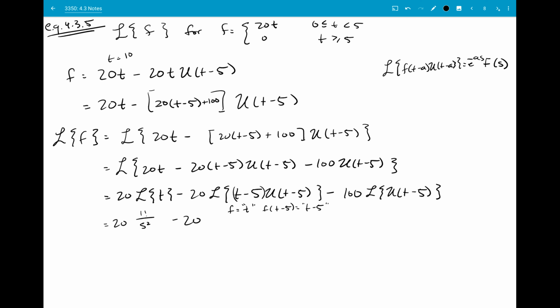I should move this down because I'm going to be writing a lot. And my a is 5 because I see it inside of my u of t minus 5. So that means I'm going to have e to the minus 5s capital F of s, where f is t. So again, my F is just going to be 1 over s squared.